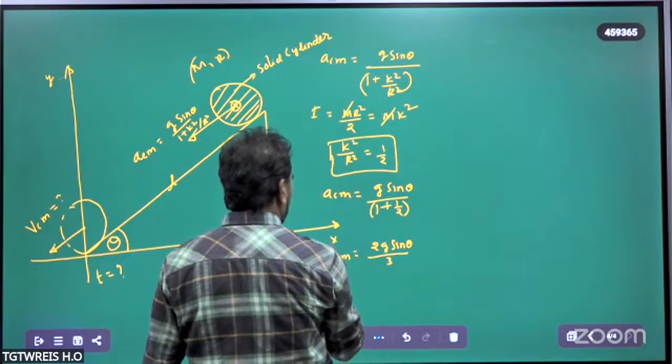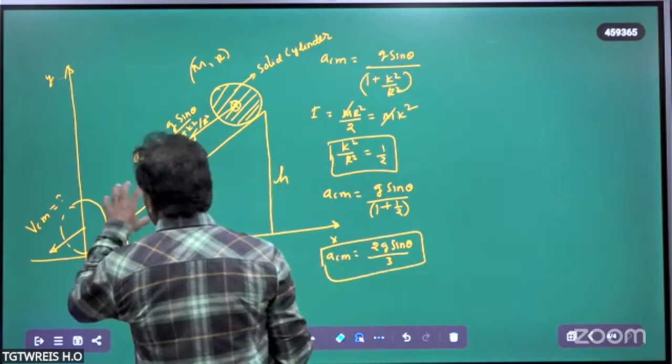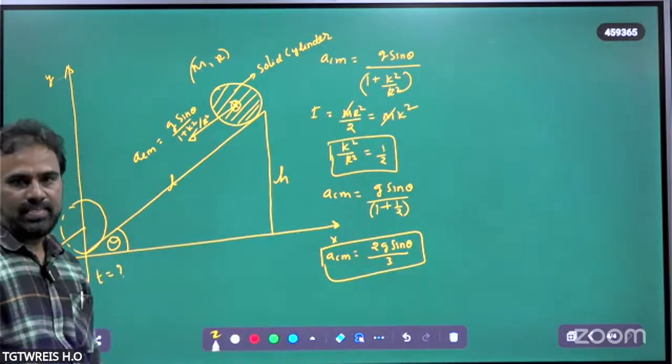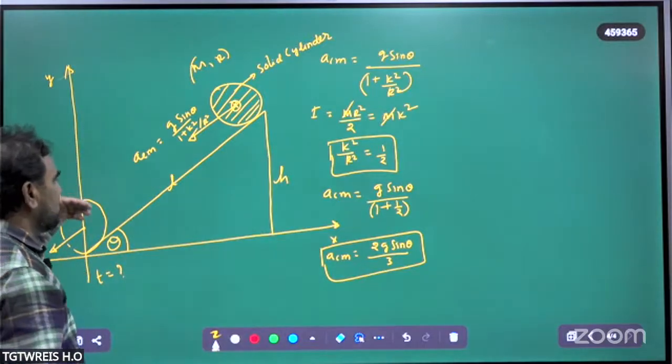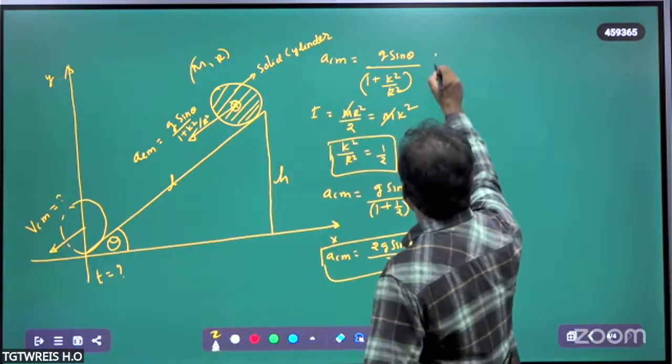So with this acceleration it would be coming in the downward direction. The velocity with which it reaches the bottom is given by v square minus u square equal to 2as.